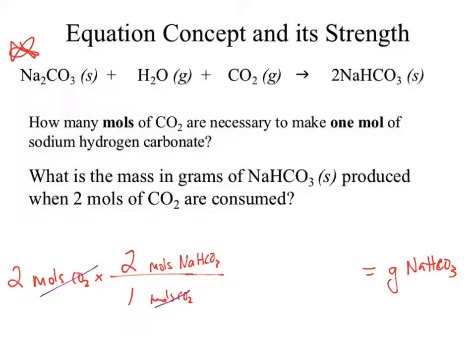Moles of sodium hydrogen carbonate. Is that what I want for an answer? No. So I need another conversion. In that conversion, moles of sodium hydrogen carbonate must disappear. What am I hoping for? Grams of sodium hydrogen carbonate. Do I have that conversion factor? Yes. The periodic table gives that to me. So I would add that up. What is sodium? 22 and 23.